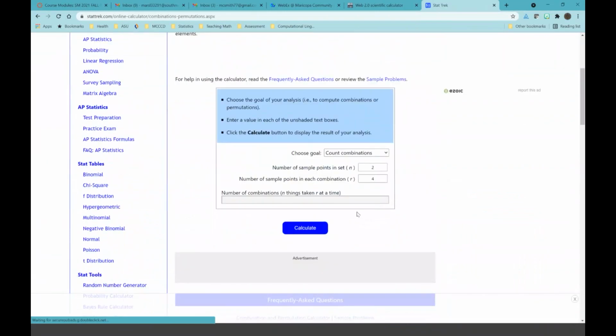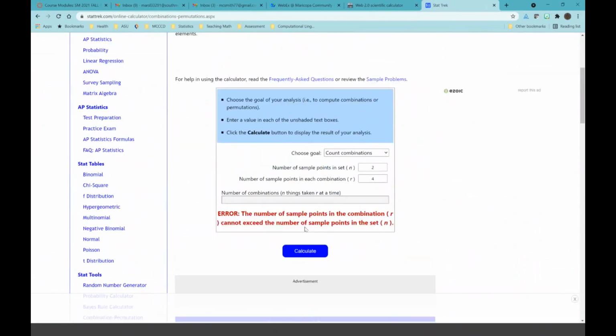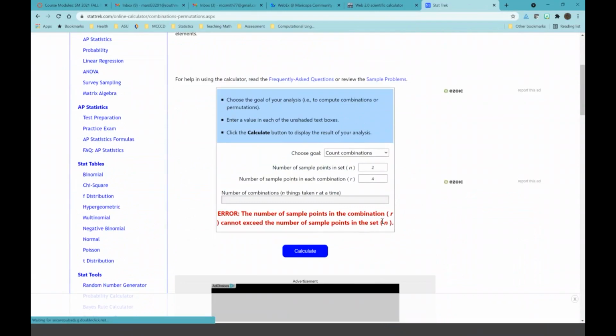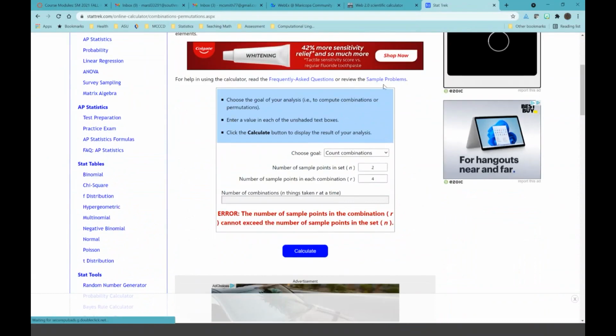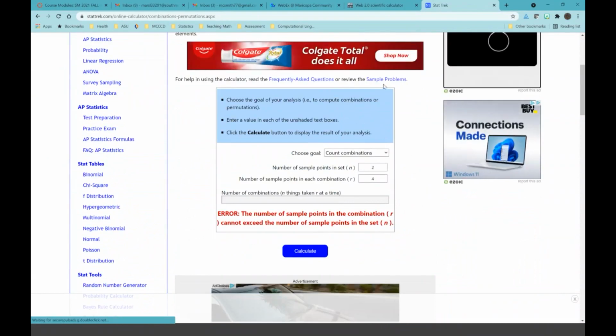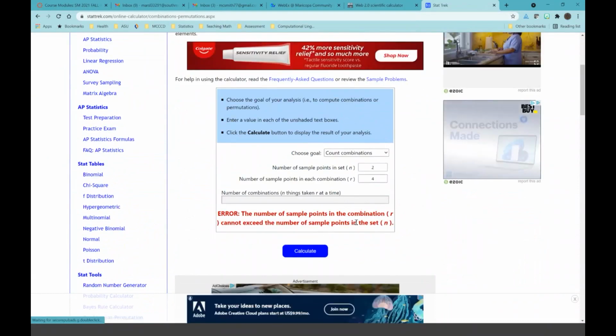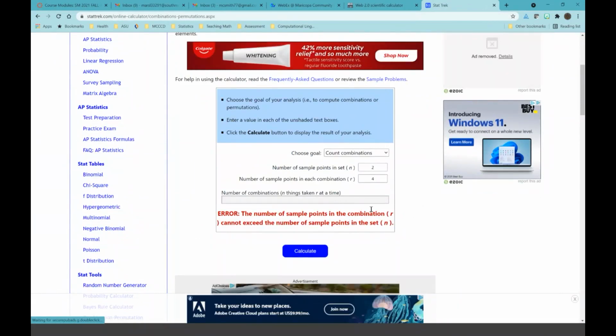And it says error: the number of sample points cannot exceed the number in the set. So this calculator gives you an error. The TI-84 gives you a 0, which, if you go blindly along, will actually make your probability fraction work out. But if you get this error message, that means it can't happen, and the probability of it is 0. Everybody understand that?